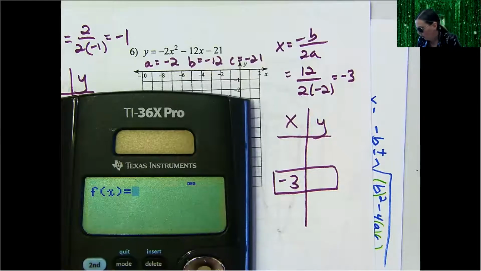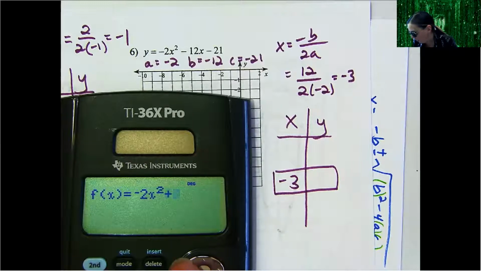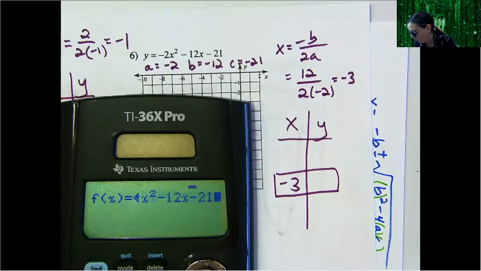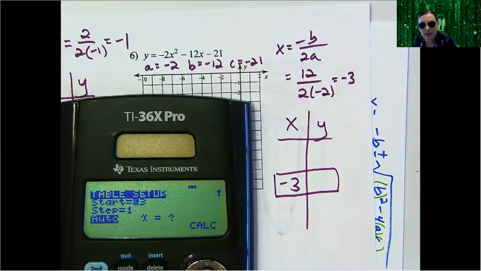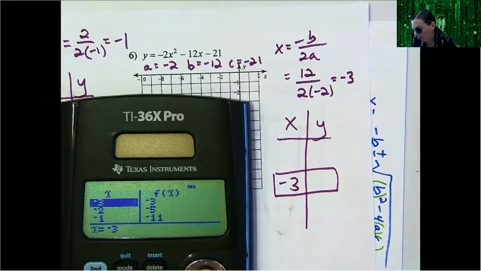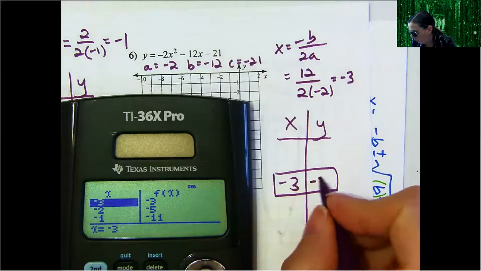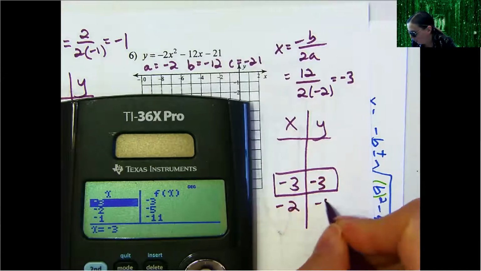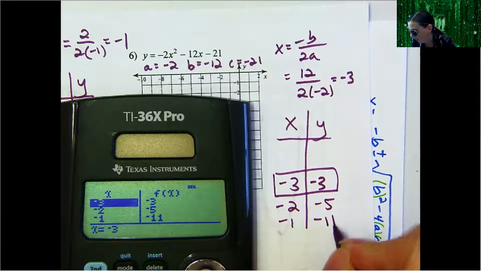Same thing. So you type it in -2x squared minus 12x minus 21. Tell it to start at -3 and calculate. So we have -3, -3, -2, -5, -1, -11.